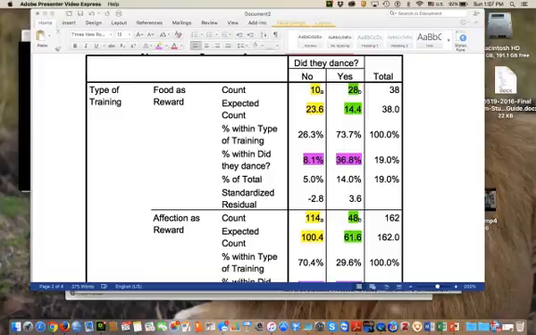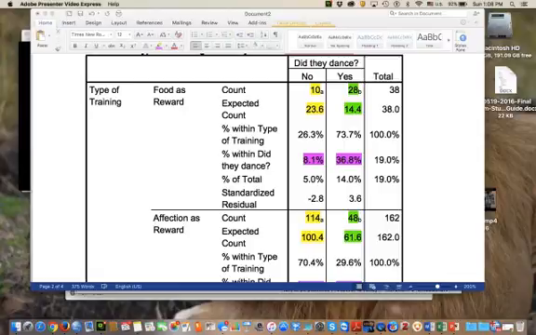That comes out with an odds of 0.421. The odds ratio is the odds of dancing after food divided by the odds of dancing after affection.